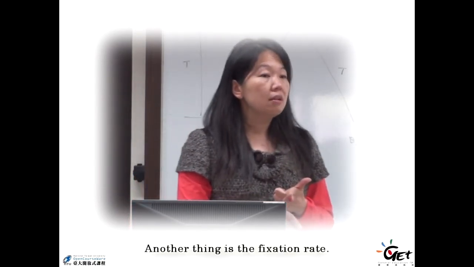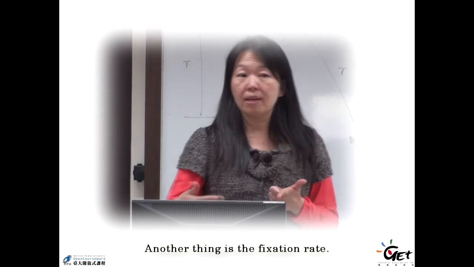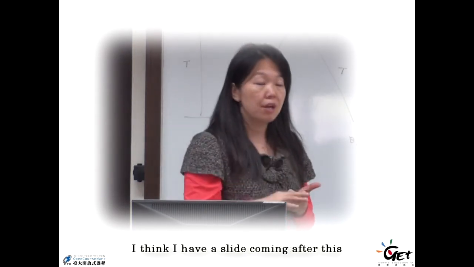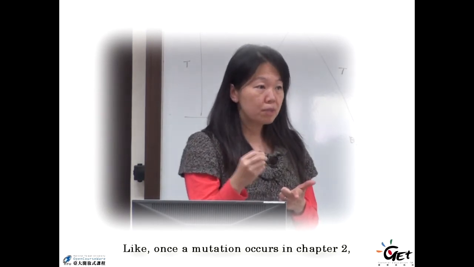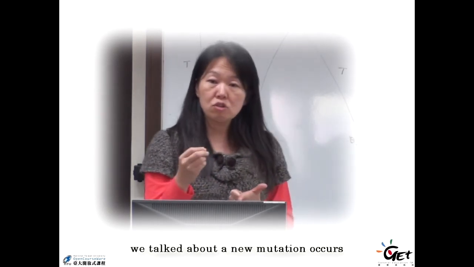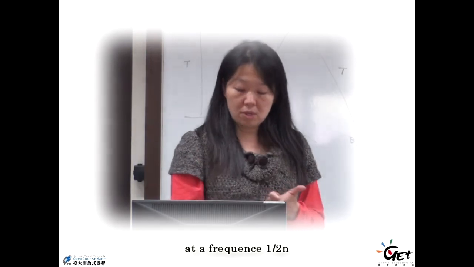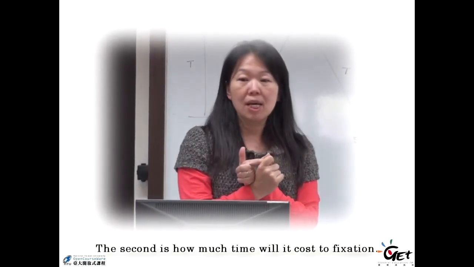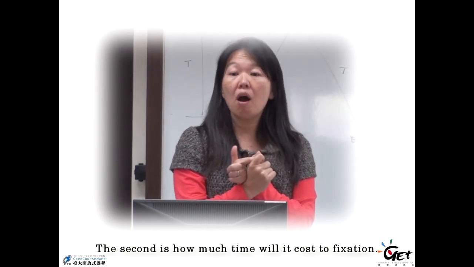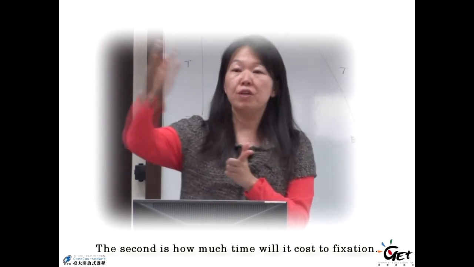Another thing is the fixation rate. I think I have a slide coming after it. Once a mutation occurs, in chapter 2 we talked about a new mutation occurring at the frequency 1/2n. The second is how much time it will take to reach fixation.